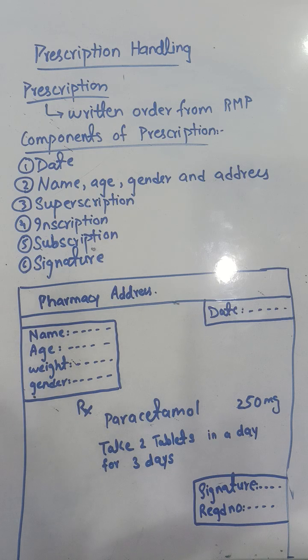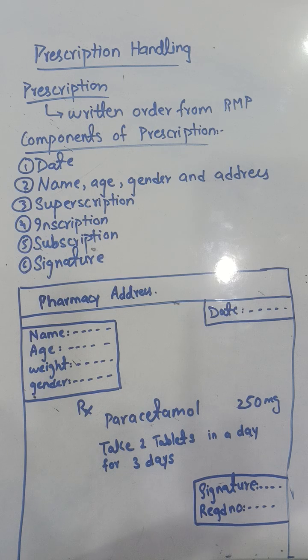And this prescription contains all the necessary information to compound or to dispense any specific medication for the use of the patient. Your prescription has six components, which consist of the date, which is very important, so that we know at what date the prescription was given to the patient.